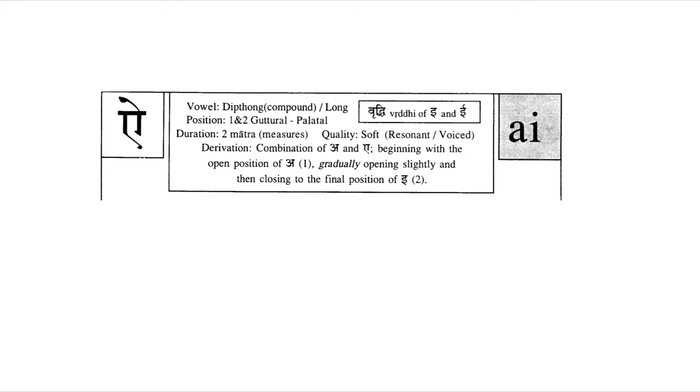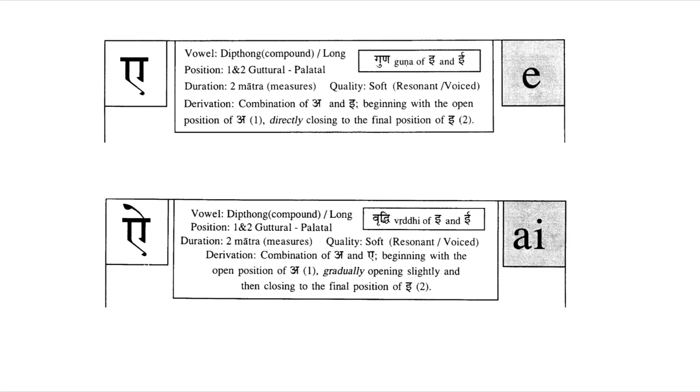Occasionally, the letters I or E will transform, expand into the letter AI. The single strengthening of I or E is the guna form, E. E is the guna of I or long I. AI is the vriddhi, or double strengthening, of I or long I.